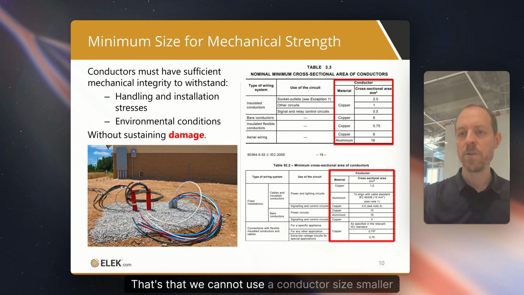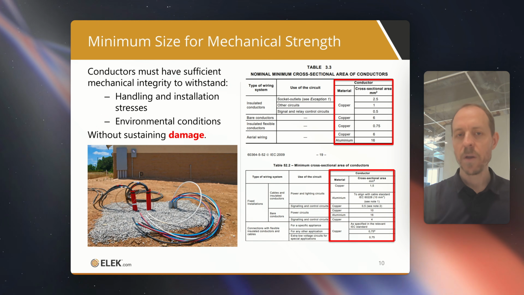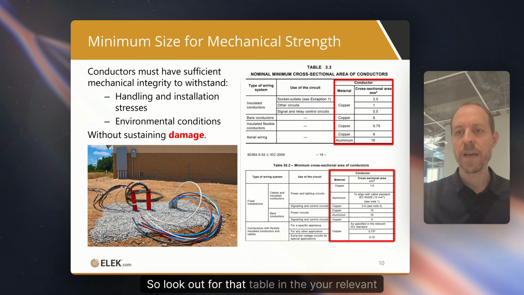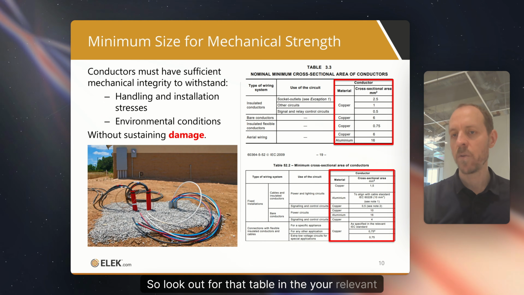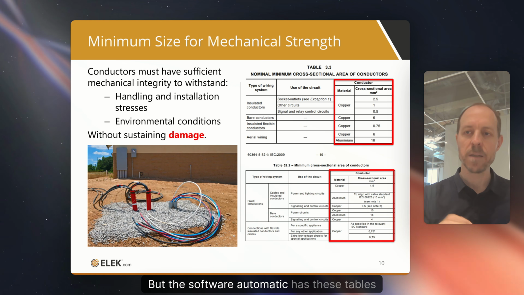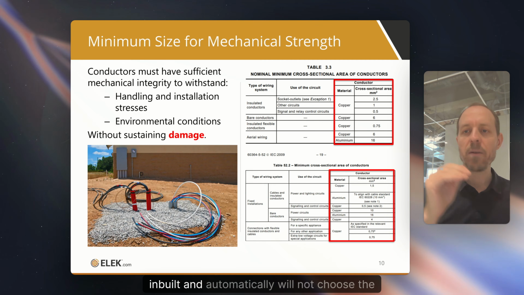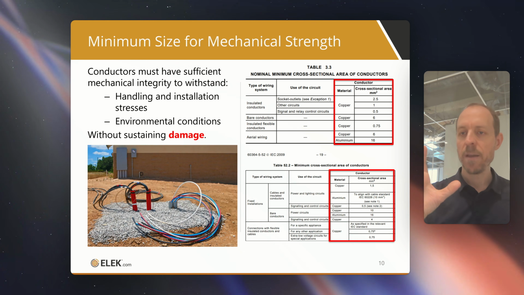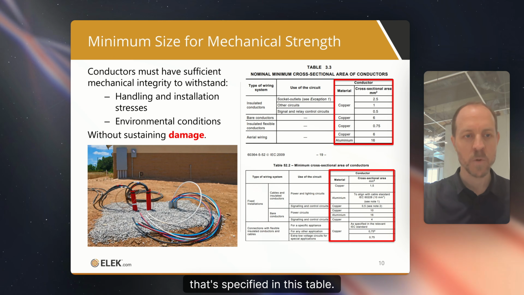We cannot use a conductor size smaller than that for mechanical reasons. So look out for that table in your relevant standard. But the software has these tables inbuilt and automatically will not choose a conductor size smaller than that specified in this table.